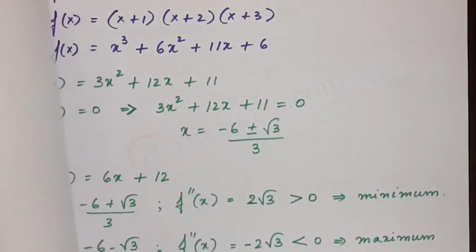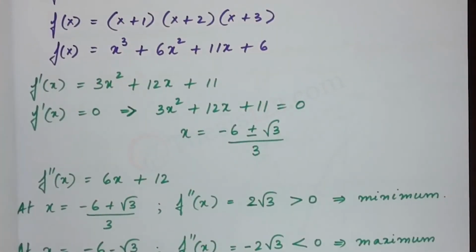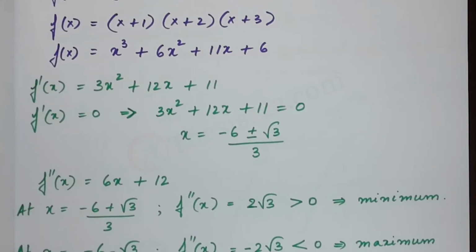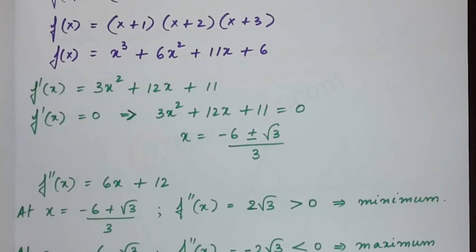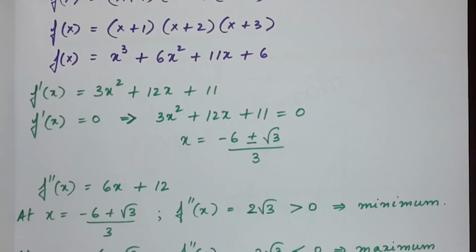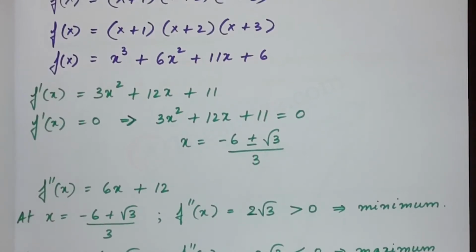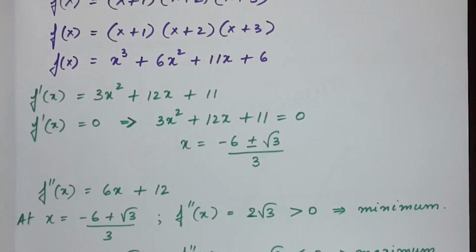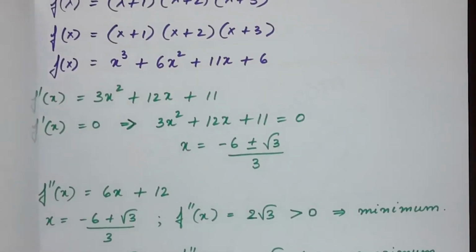Now that we have the minimum and the maximum, we know that at the points x equal to (-6 + √3)/3 and (-6 - √3)/3, we have our minimum and maximum values.